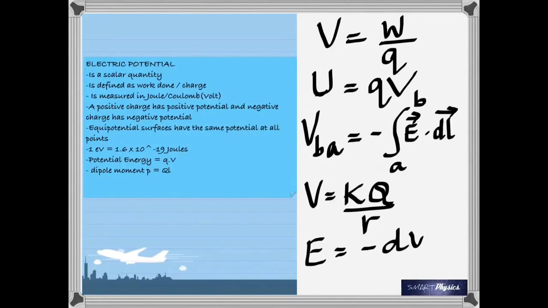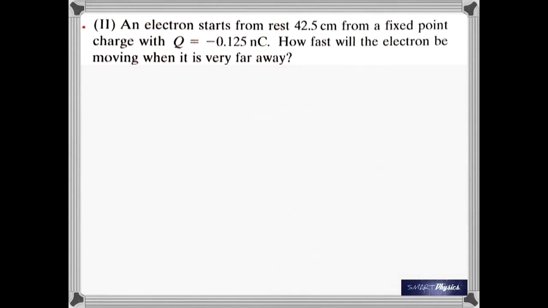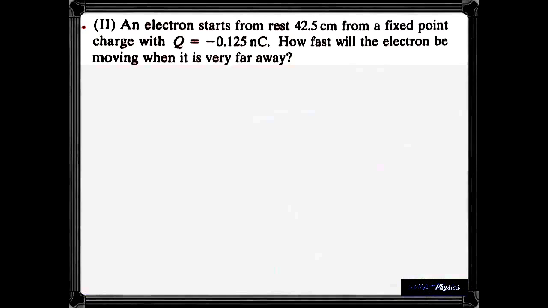Another way of expressing the relation between electric intensity and potential is to write it as intensity is the negative gradient of the potential. E is equal to minus dV by dr. Those are the most important equations in electrostatic potential.